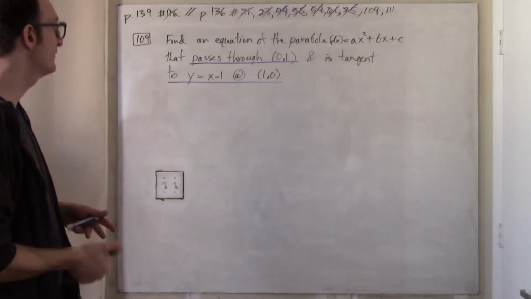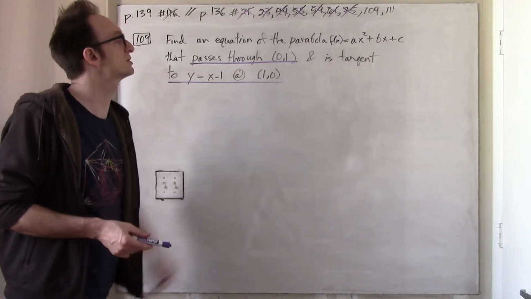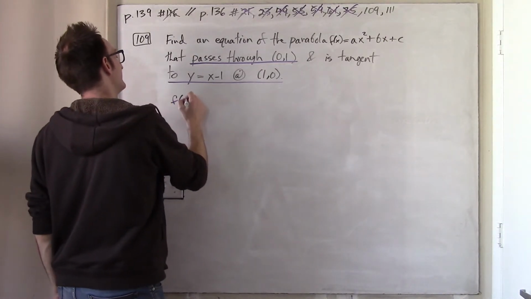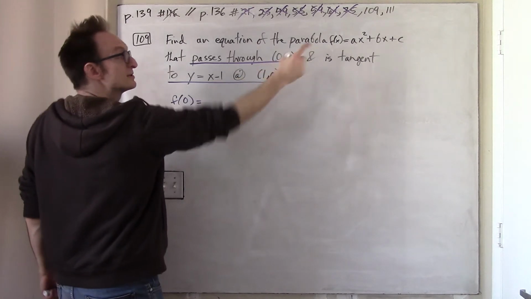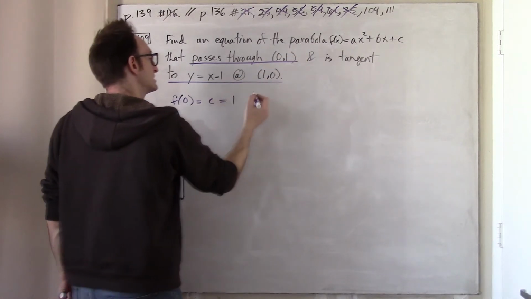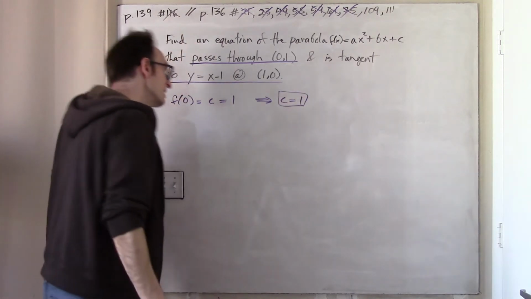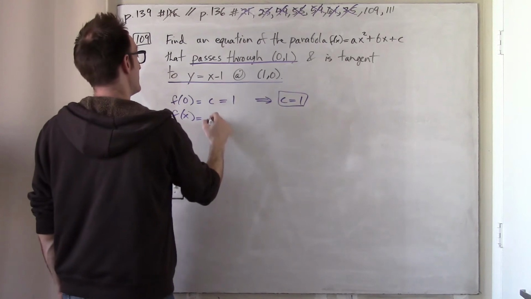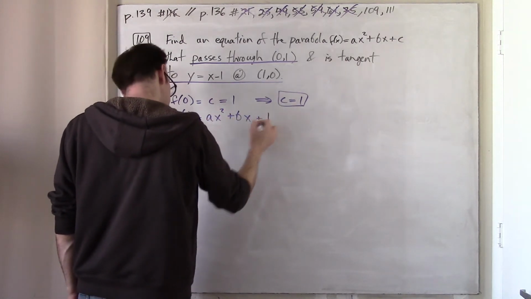Well, one fact is given to you immediately, that this function passes through 0, 1. That means if I plug 0 into this function, I have to get back 1. But if you plug 0 into this function, you just get c. So they basically told me that c is 1. So this function is ax squared plus bx plus 1.